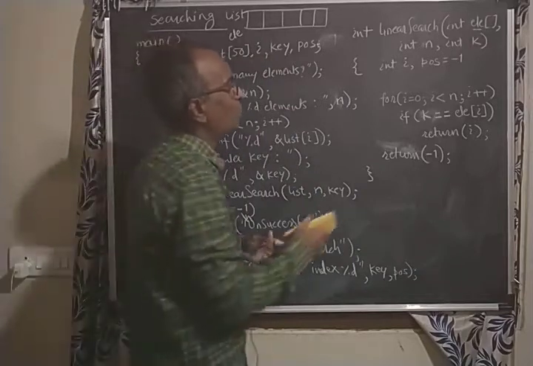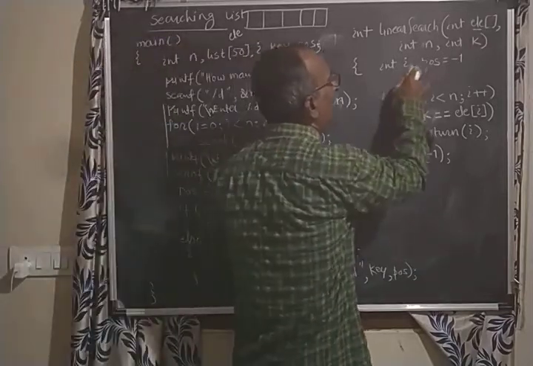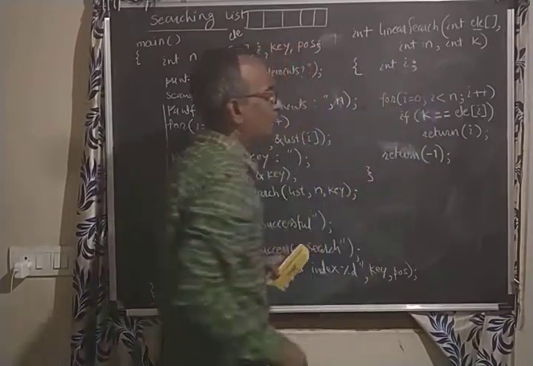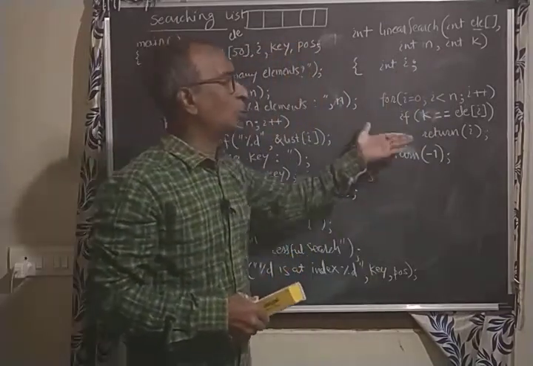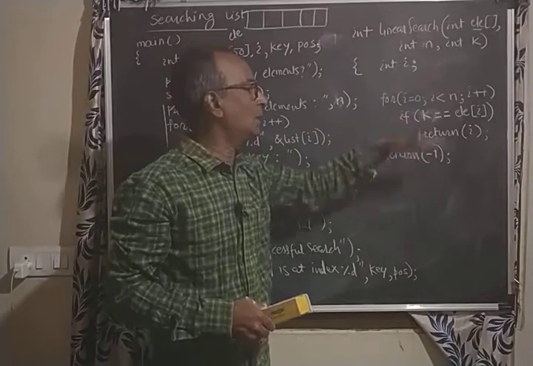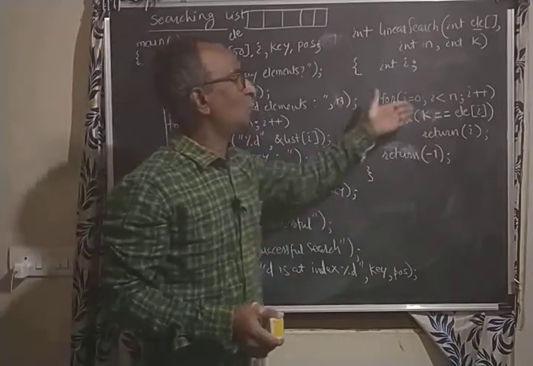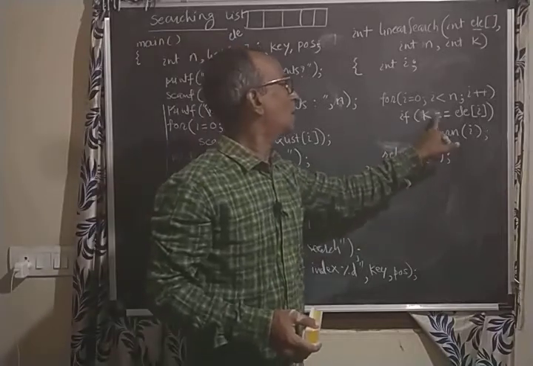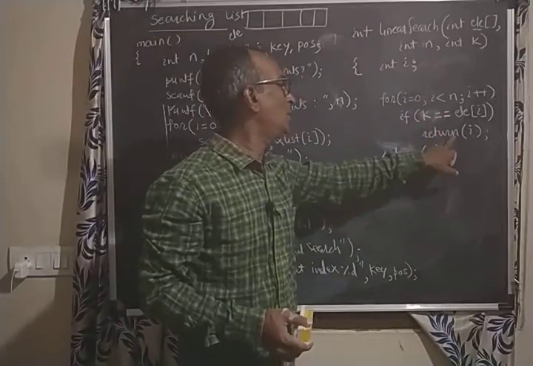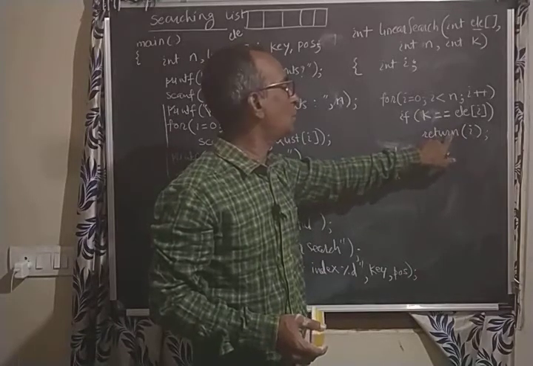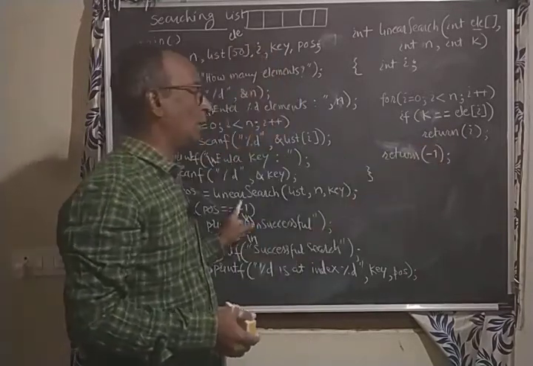Now in this case position is not required as such, because the other way you can also write is to first take position and then return it. But this is a shortcut way. Either from here it will go for a successful search, and for a successful search, from here it will return to the caller.